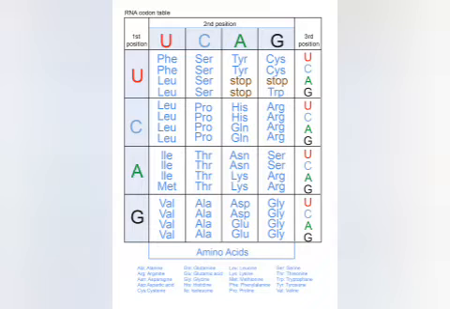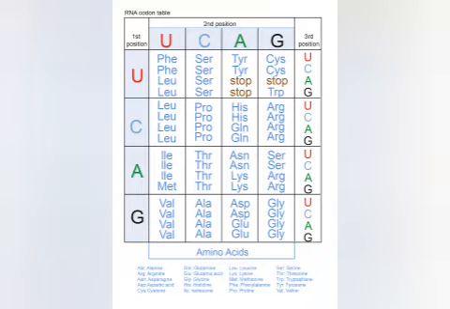So genetic codons are triplet in nature, and this triplet genetic code codes for amino acids. The genetic code contains 64 codons.